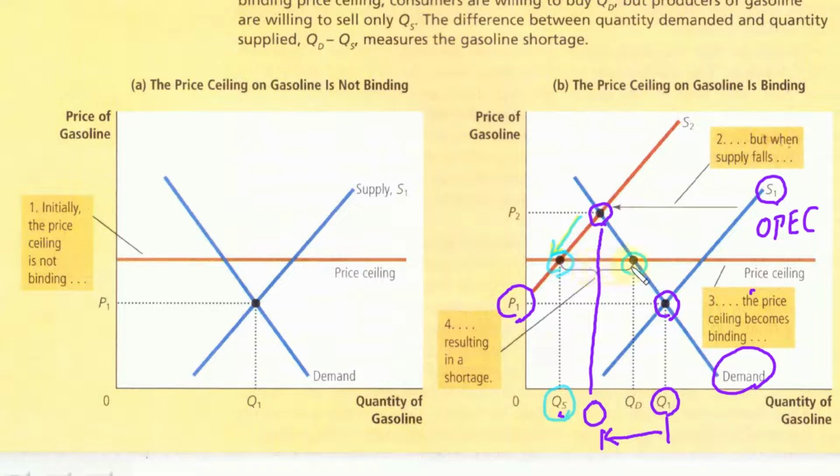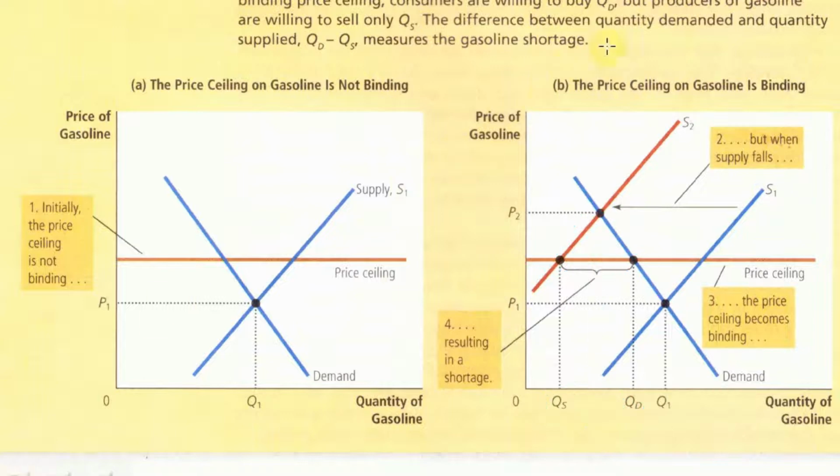So this interval between QD and QS is the actual shortage of crude oil. Okay. So here, look at this.